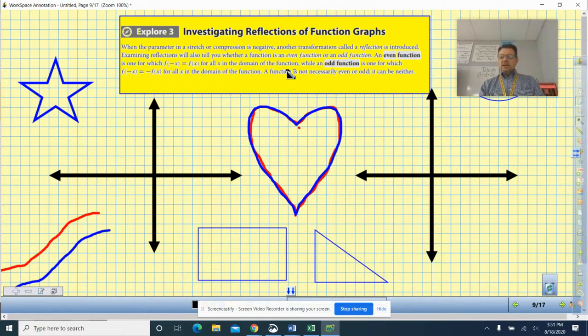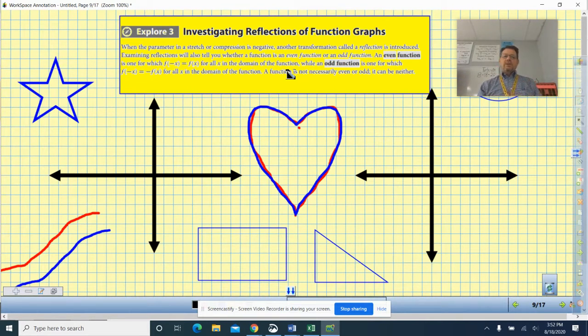So it basically means if you plug a 2 into your equation or you plug a -2 in, it doesn't matter which one you plug in, you get the same answer, that means you've got an even function. So if you plug in an 8 or a -8 and you get the same answer out, that's an even function. Okay, so that's what that's talking about.